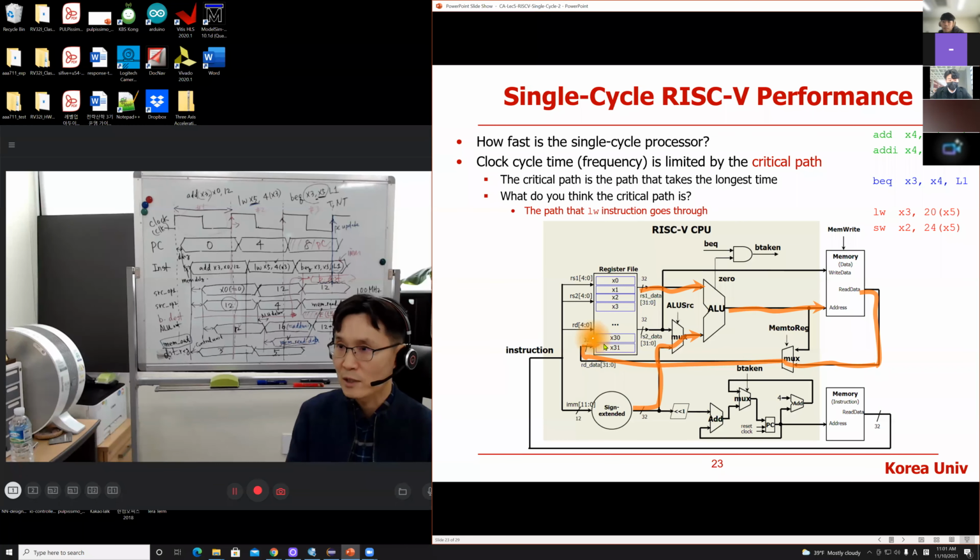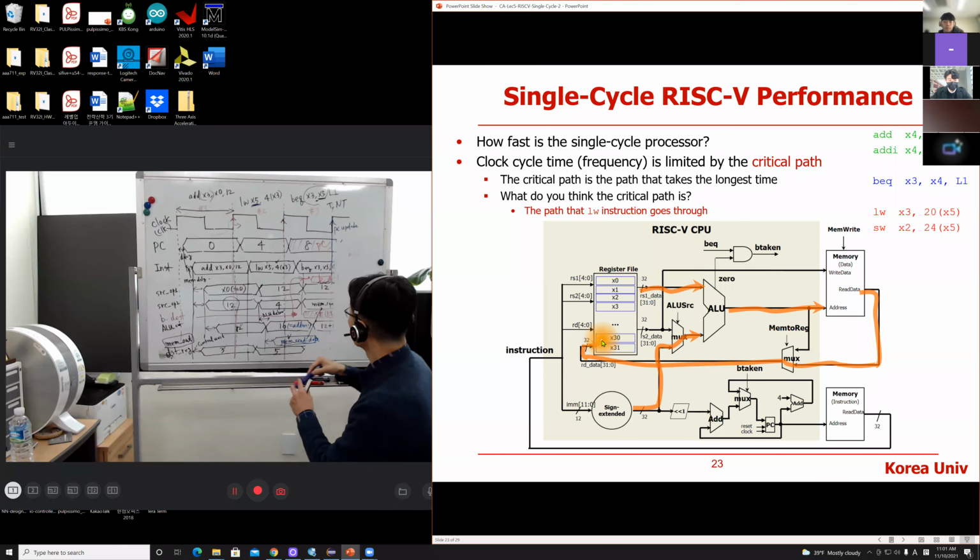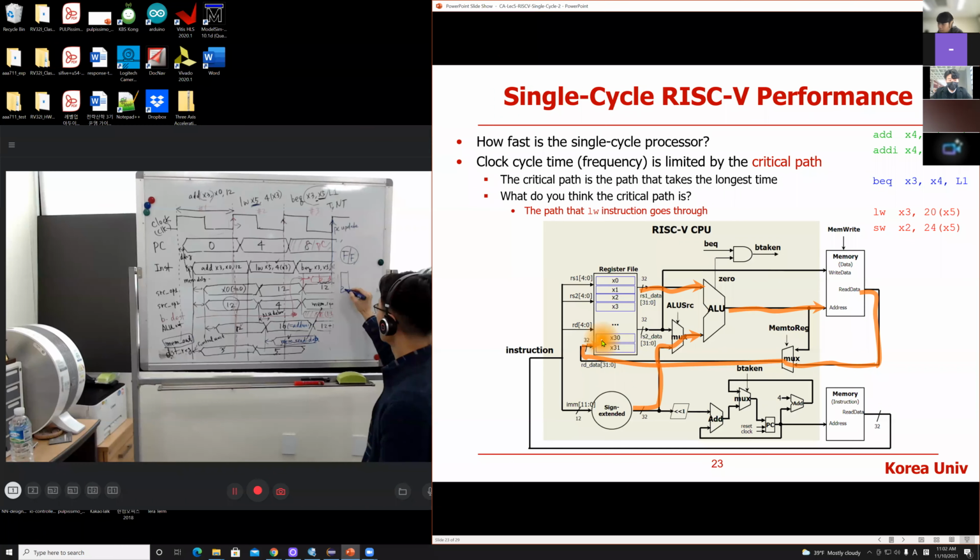That is the longest path. So it is the flip-flop to flip-flop delay. The critical path is flip-flop to flip-flop delay.